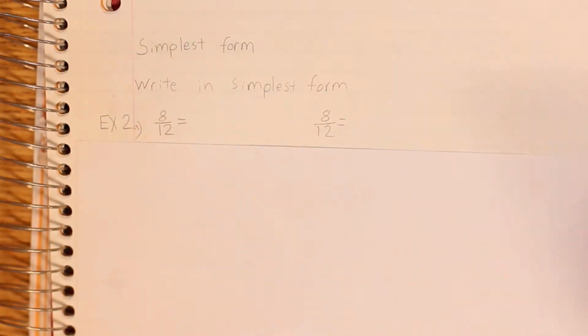Simplest form. Simplest form is when we're given a fraction that is written with large numbers that can be reduced down. So let's take a look at some examples. So write in simplest form, it will tell us. And we're given some fractions right here. So you have 2 options to get to the simplest form.